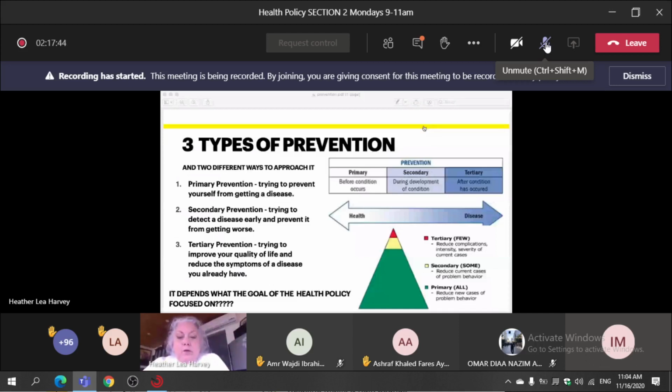Anything we do as treatment is thought of as secondary. Tertiary is about after you've been sick and what we try to do to get you back to as close to normal as we can. We don't always get back to normal. Does that make sense? But we're definitely trying to get to normal.